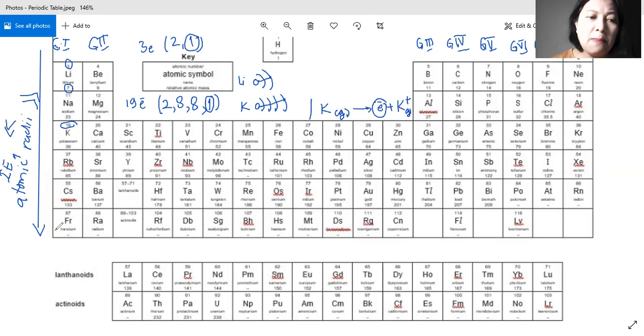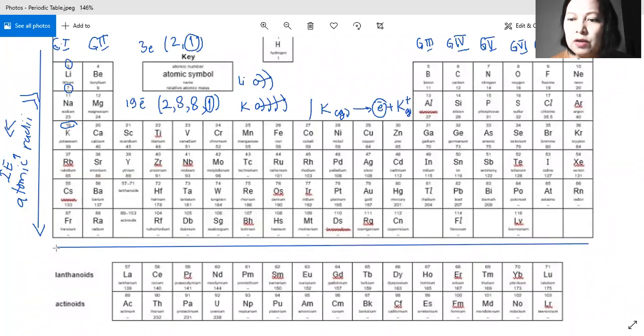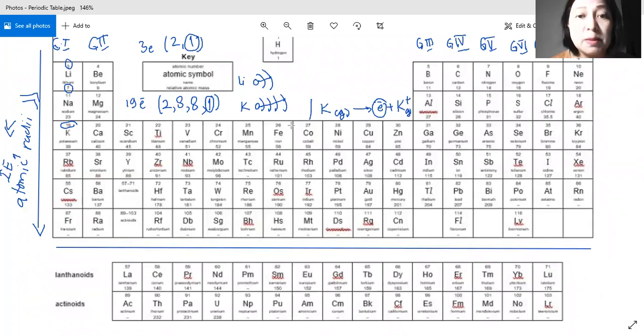Okay, now how about in the same row? In the same row, it means that it has the same number of shells. So we don't have any problem with the distance related to the number of shells. But what matters is as it goes from the left to the right, as we know, the atomic number becomes bigger.